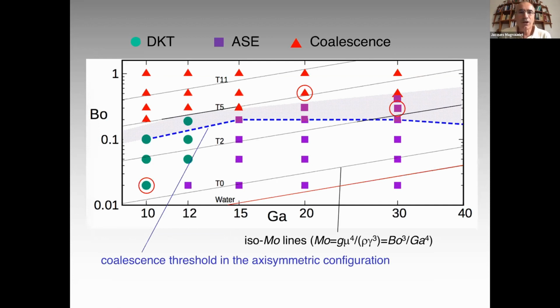So first of all, here is the phase diagram we obtained. The green bullets correspond to the DKT regime. The purple squares correspond to the ASE regime, and the red triangles correspond to coalescence. So what you see is that the DKT regime is encountered for Galilei numbers of the order of 10, which correspond to Reynolds numbers of the order of 20.